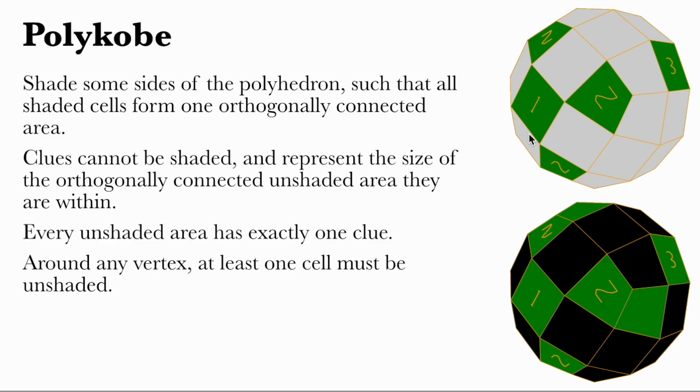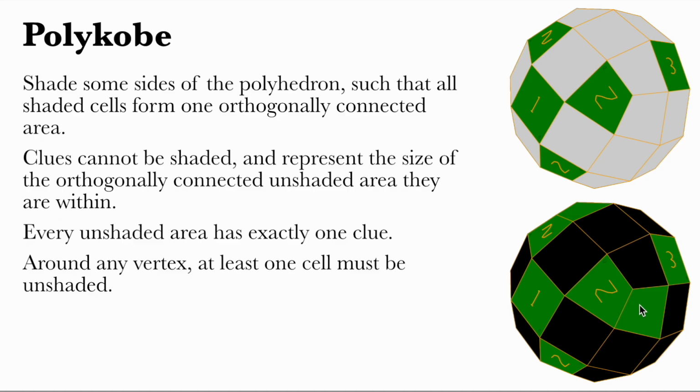We will be able to click and drag and rotate this around to see the other sides of it. But we are going to end up with all the shaded cells being connected along their edges somehow around this polyhedron.